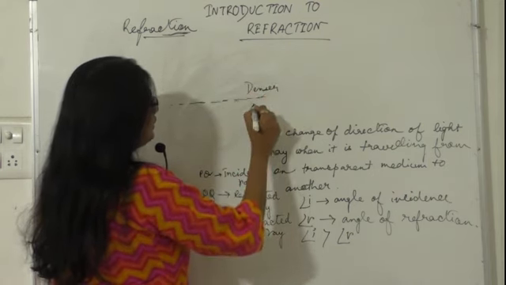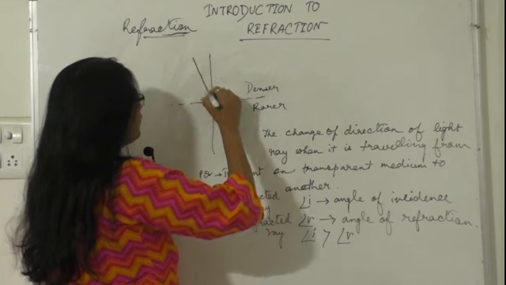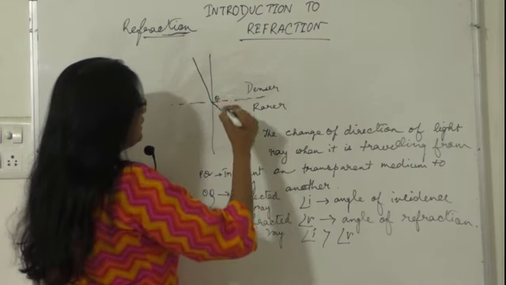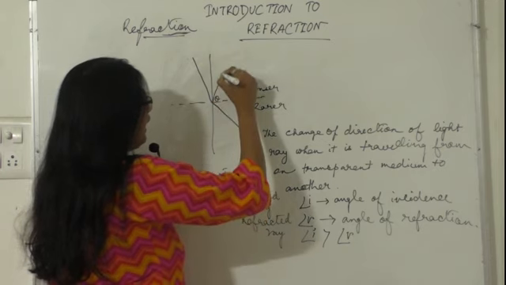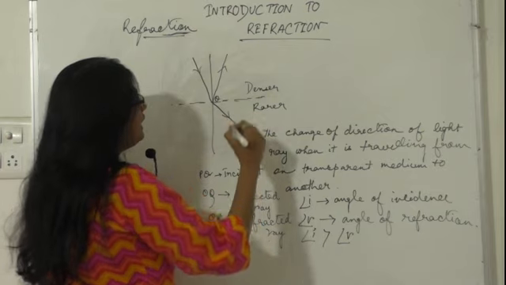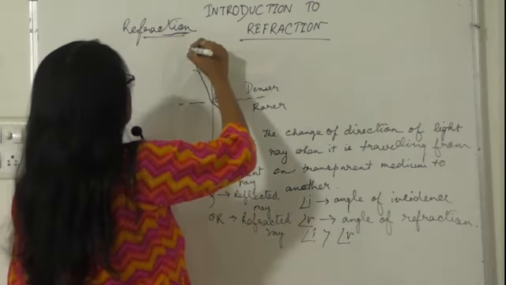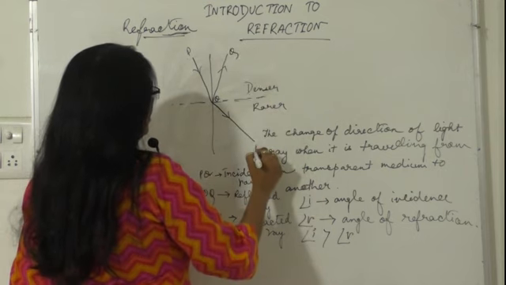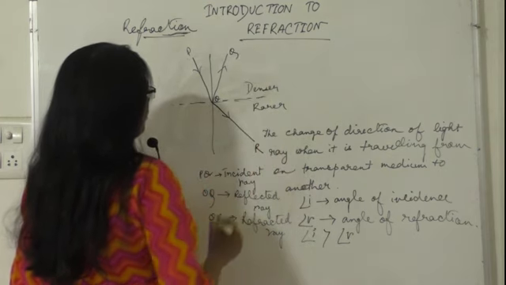Now this is normal, this is point O, point of incidence, this is incident ray, this is refracted ray, and this is reflected ray. Now see very carefully. This is PO, QO, RO. Okay.